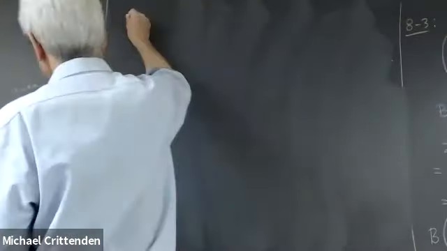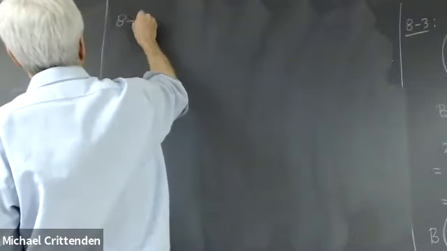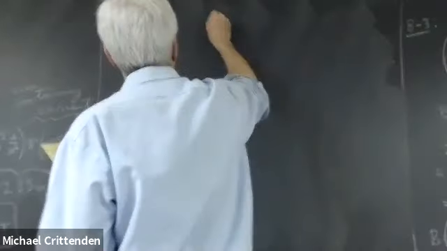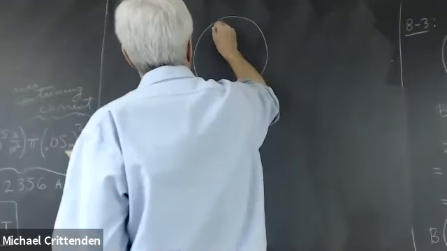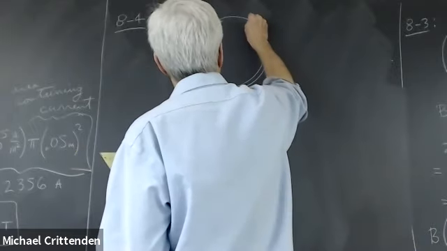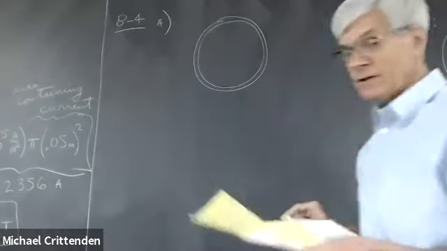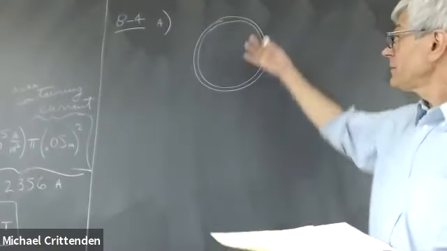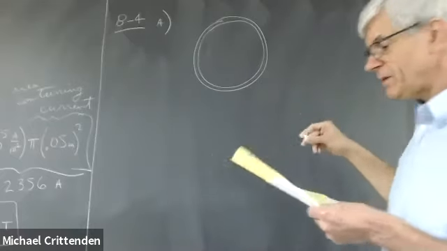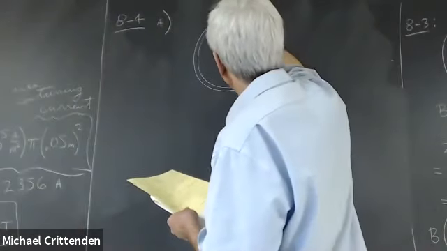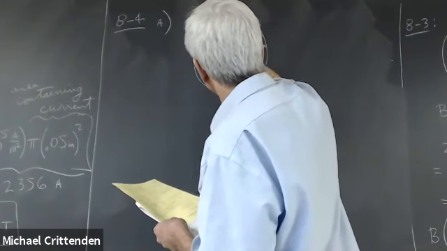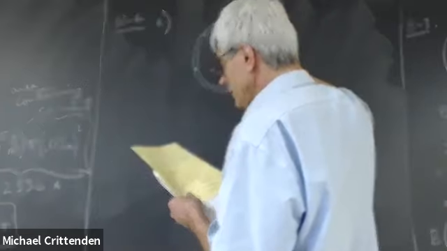So part A, cross-sectional view of the pipe. Current is once again flowing out of the page toward you through the walls of this piece of tubing. I'll put some dots on there to represent the current coming toward you.